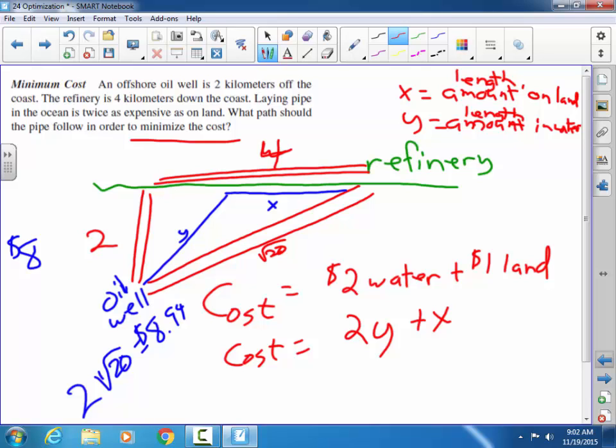The square root of 20 is 4 point something, 4.47. So 2 times that would be $8.94. So I think we can figure out something better than that. Our problem is we've got x's and y's in here. I want to get rid of that y. How can I do that?